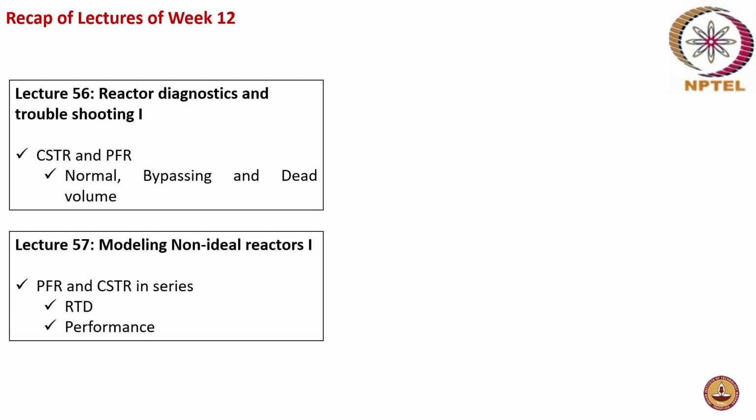This was followed by lecture 57, where modeling of non-ideal reactor was discussed. Here again, there was a discussion on PFR and CSTR in series, where the RTD of the PFR and CSTR in series was discussed, and it was found that whether it is a PFR followed by a CSTR or CSTR followed by a PFR, the RTD curve looked the same.